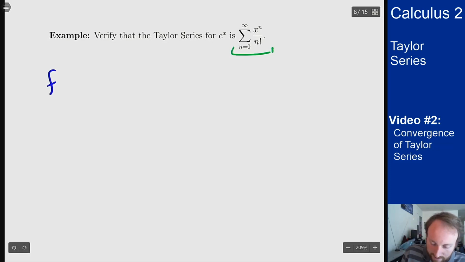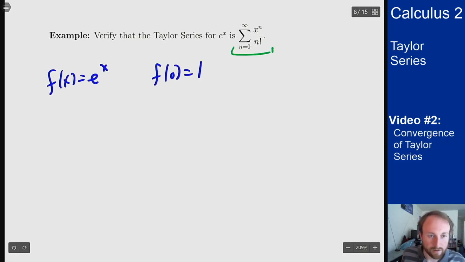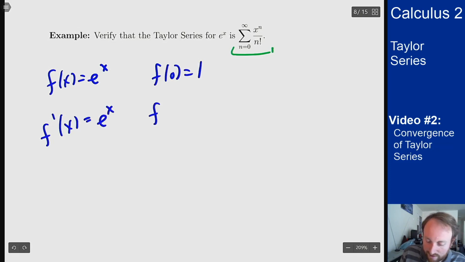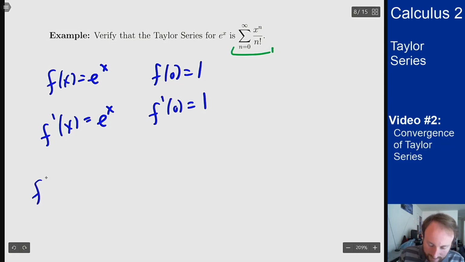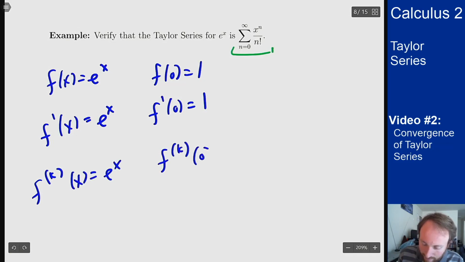So the function itself is just e to the x, so f of 0 is 1. Great. The function's derivative is also e to the x, so its derivative at 0 is also 1. And since it's e to the x, this pattern just keeps going. The derivative is always e to the x, and so every value at 0 is 1. So what does that mean?